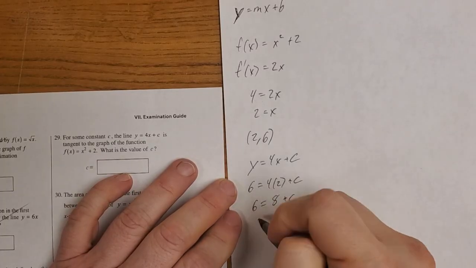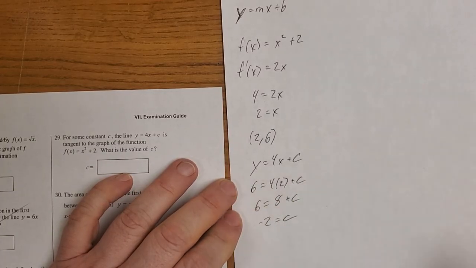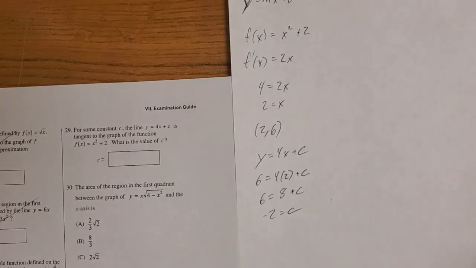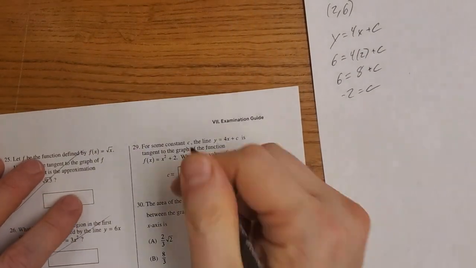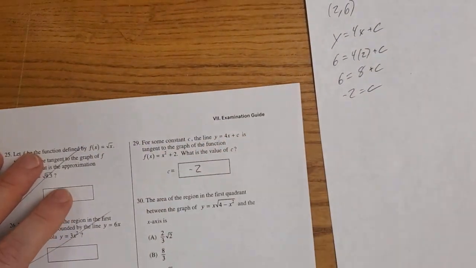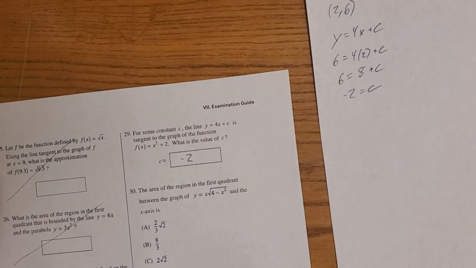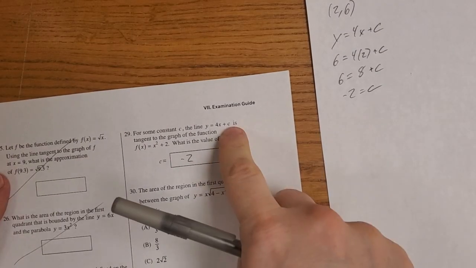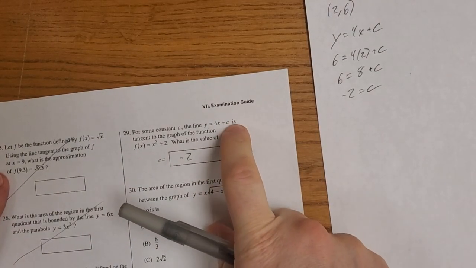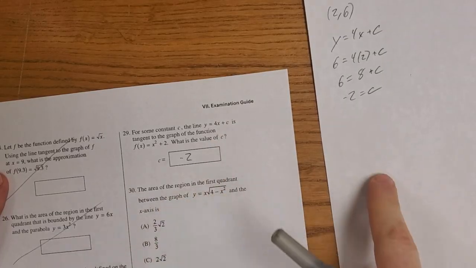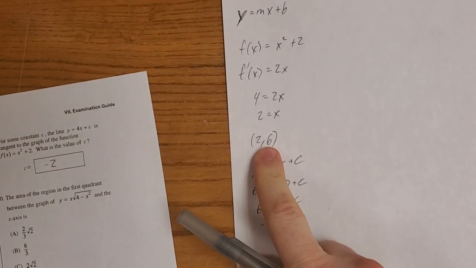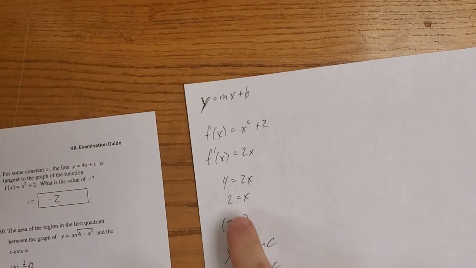And obviously c is going to have to be negative 2 for that to work out. So we fill in negative 2, and that's what it is. They're going to meet at 2, 6 with the slope of 4.